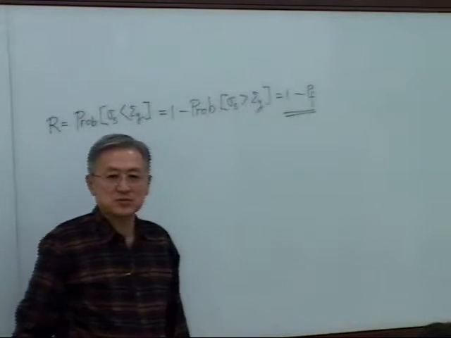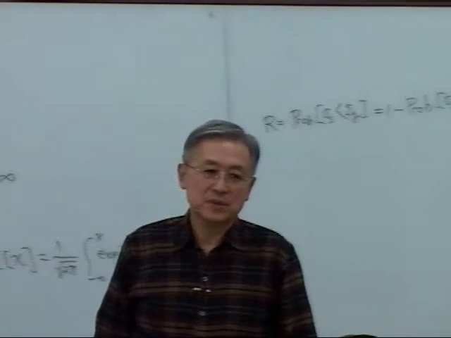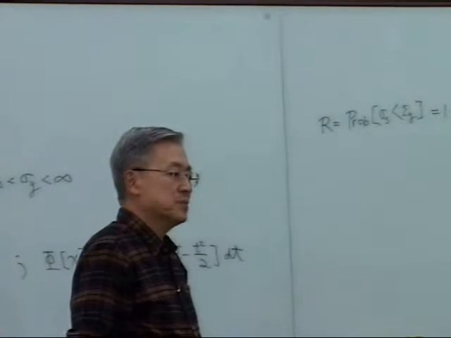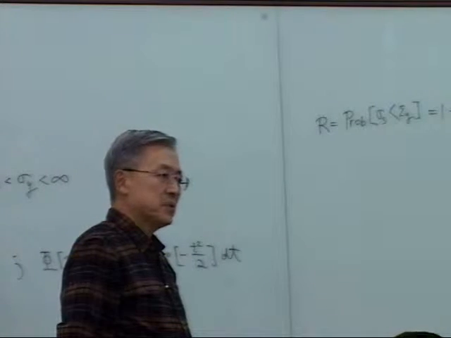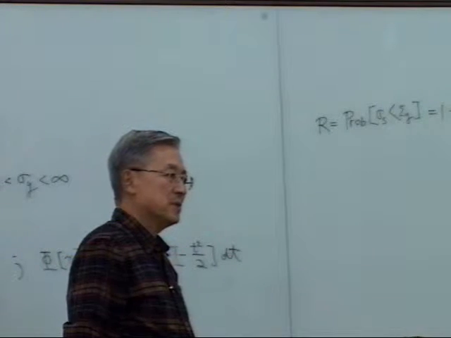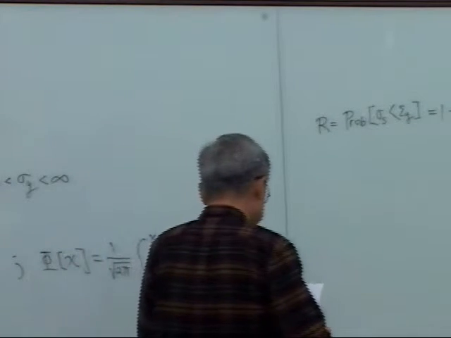The usual expression in structural mechanics problems happens to be the probability of failure, and for reliability they use R, which is 1 minus PF.